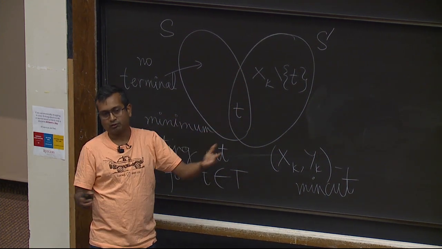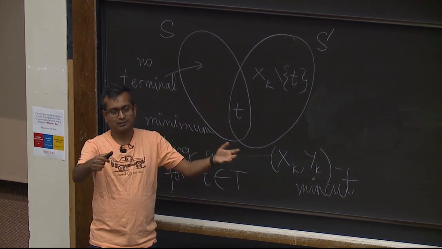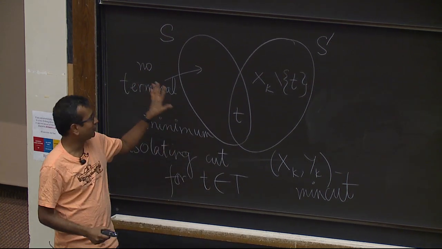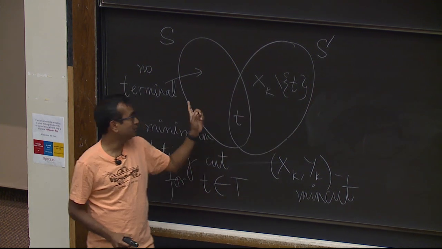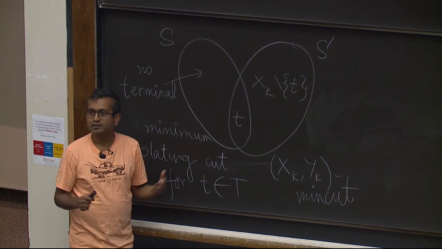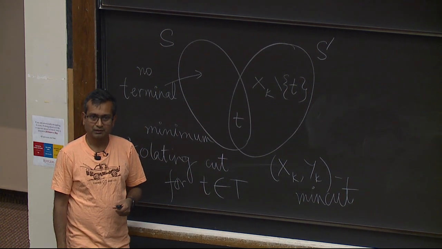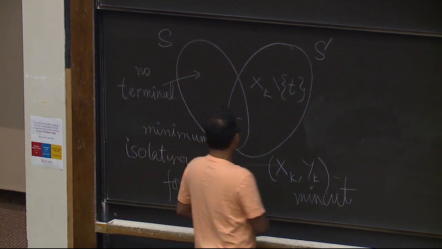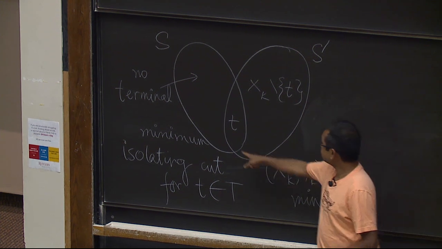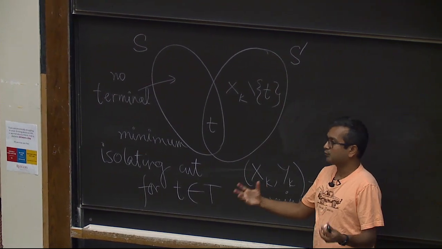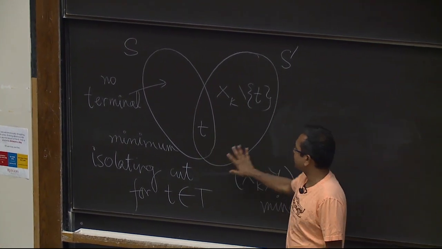Remember, what I contracted was everything that's outside the region defined by T. So one of these xk, yk min cuts must be overlapping my minimum isolating cut if I need to run into trouble. Now, if that happens, then let's first figure out where the terminals are. So this cut, S prime, is an xk, yk min cut. So all of the xk terminals are in here.